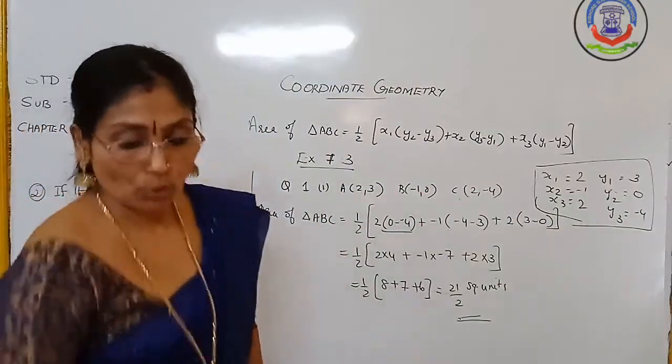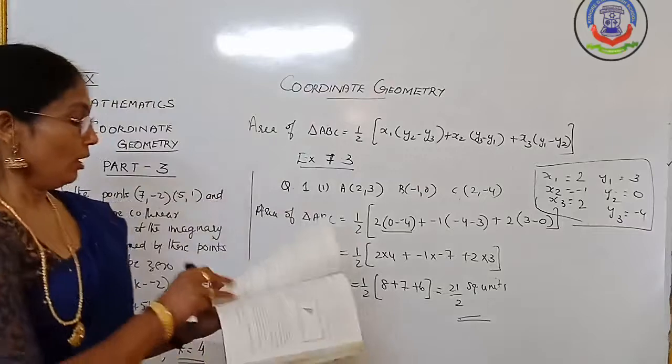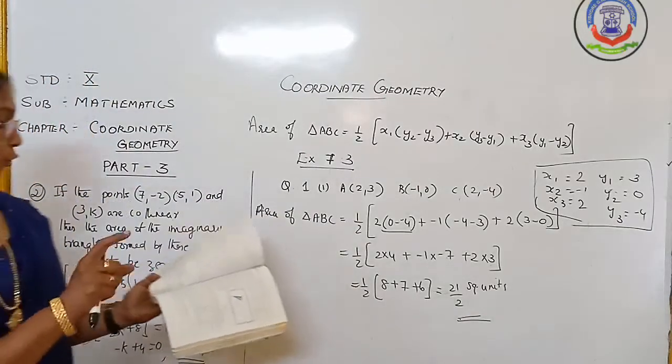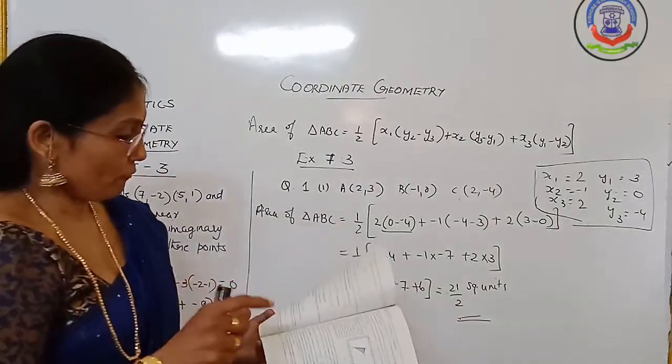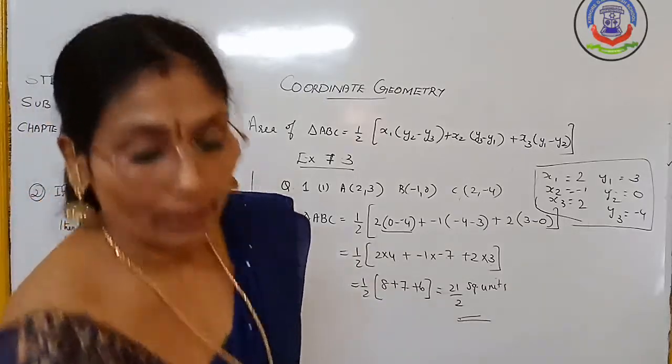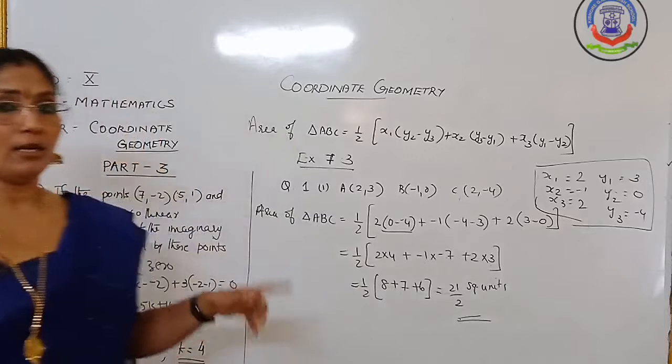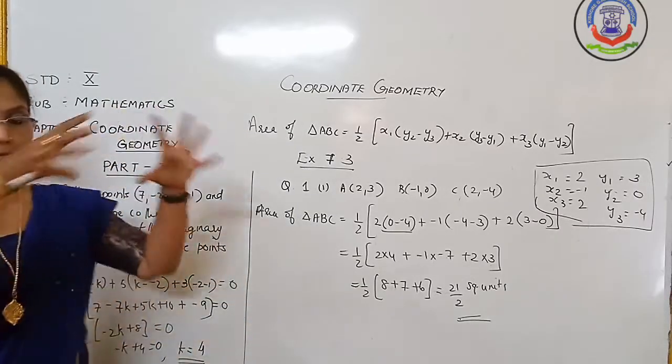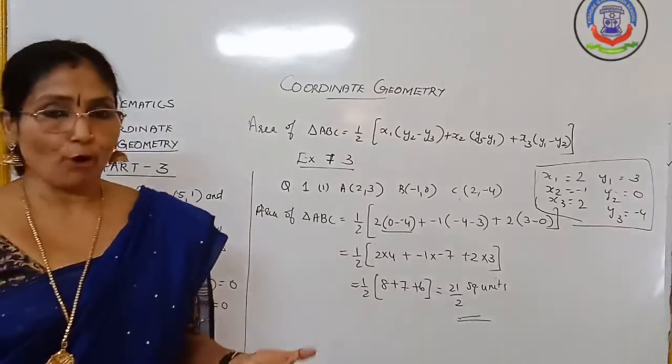Now what is the next question? The second question is: in each of the following, find the value of k for which the points are collinear. Here it is given that the points are collinear. I already mentioned that when the points are collinear, a triangle is not formed.